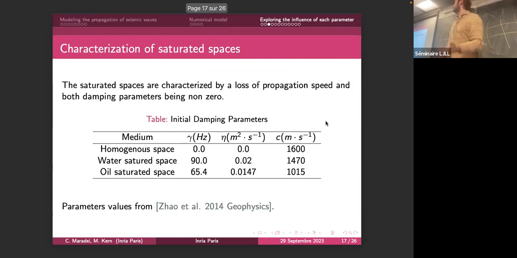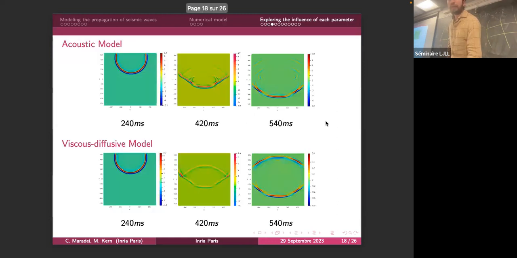We use those damping parameters that we introduced in order to characterize those media. And we are also going to use the decrease of speed. Again, this is from the reference that we used, and this is the result that we can observe.